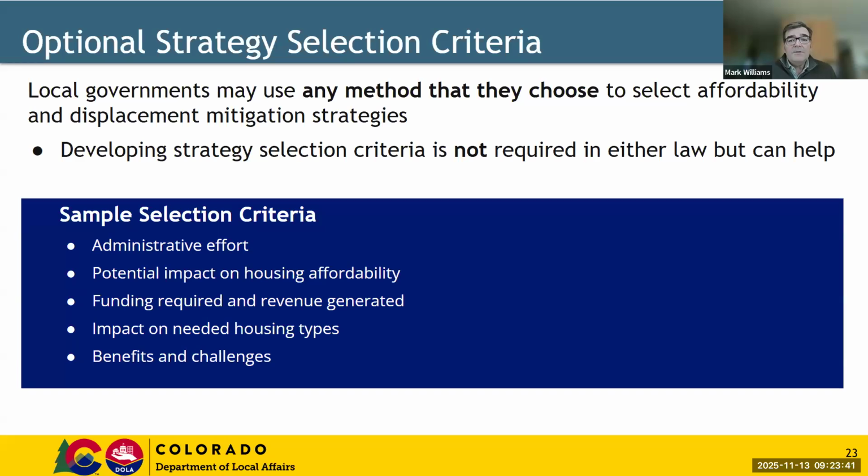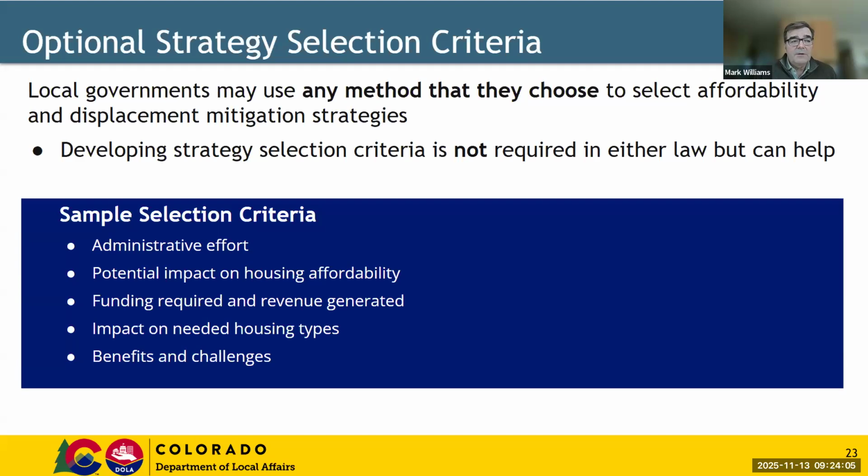These strategies are optional. You're not required to pick any one in particular. It's whichever one your community thinks is going to help you do the best to create affordable housing. So it probably is a good idea to develop some criteria about which ones you do want to select. And we've got sample selection criteria for your community to consider.